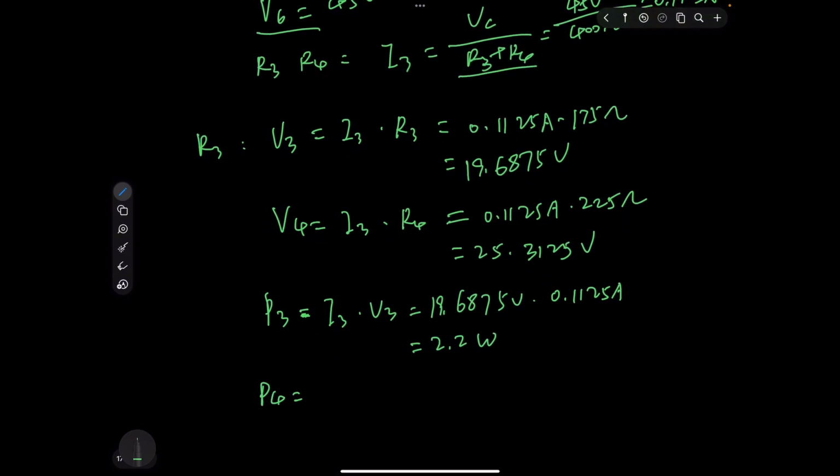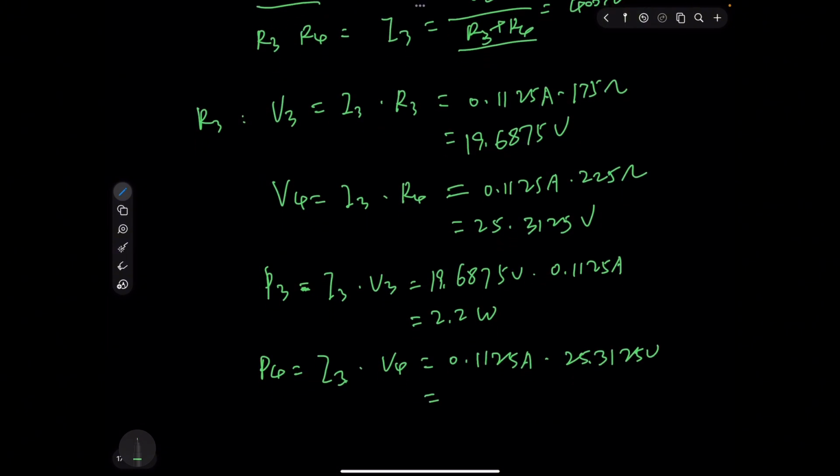P4 equals I3 times V4, equals 0.1125 amps times 25.3125 volts. That's 2.8 watts.